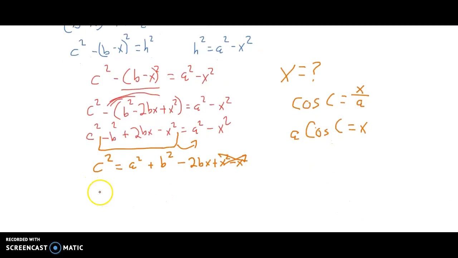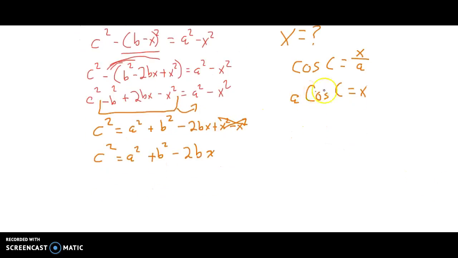Now I can rewrite this as c squared equals a squared plus b squared minus 2bx. And we see x is also a cos c. So, to finalize, c squared is equal to a squared plus b squared minus 2ab cos of c.